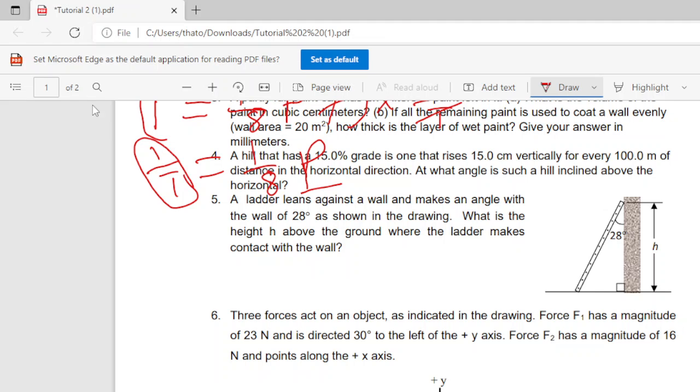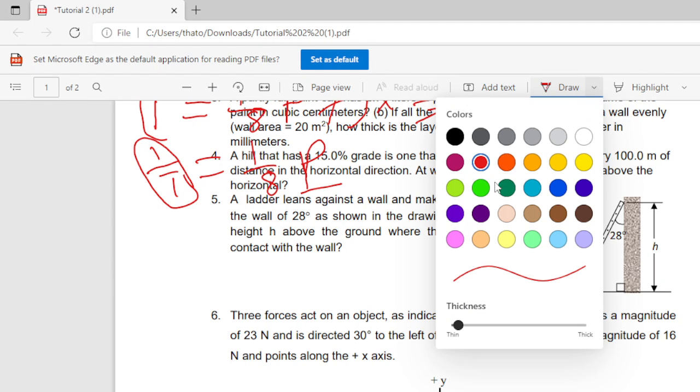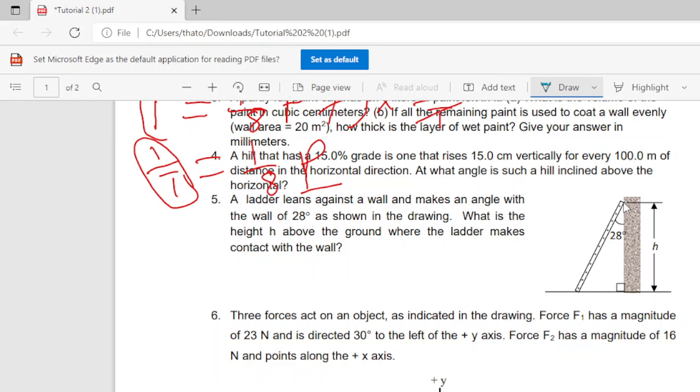Now here we have a right angle triangle. Just look at this point here, this and this as a right angle triangle. This is h, this is variable L for ladder.